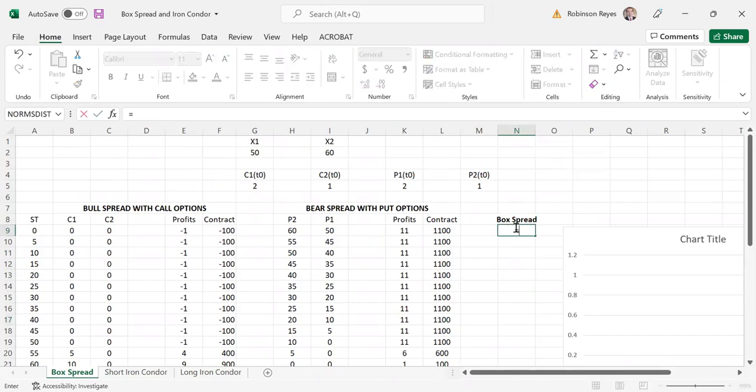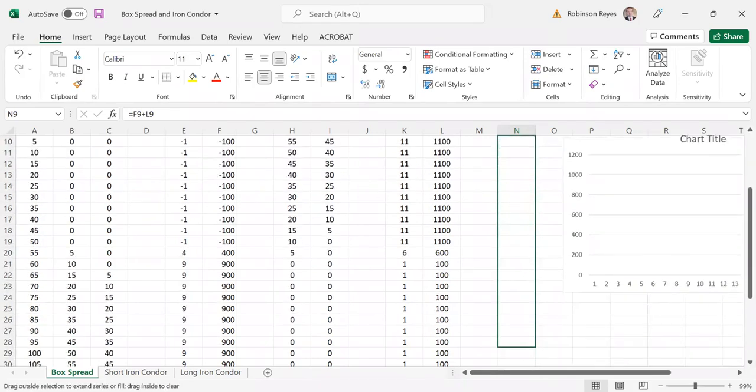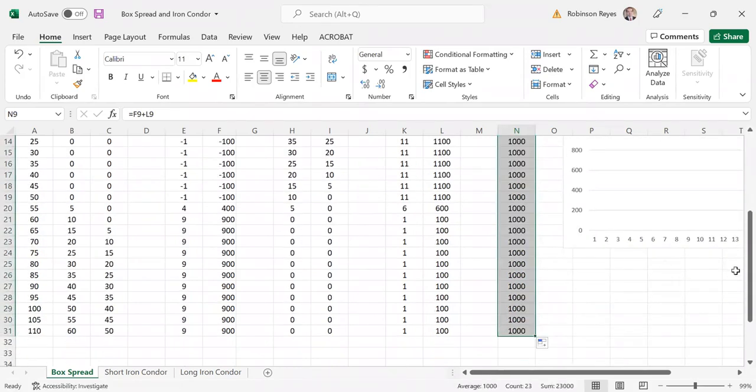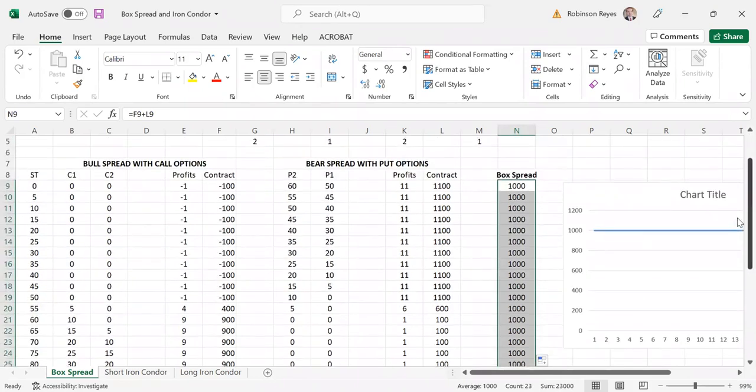Now box spread, we just add the two. And you will notice something interesting. When we do this, then our profit is always 1000. One interesting thing is here, we have the maximum loss, maximum gain, but we have this value in between, right?